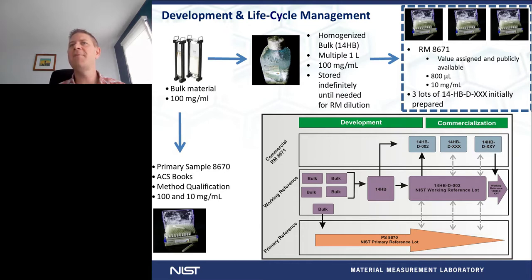That 14HB goes into the top near the commercialization letter. And here's where we have our individual dilution lots that are available to the public. In the middle, below that, you'll see the NIST working reference lot. This is actually the same material. It's our first commercial lot, but we use this internally for all of our analytical development, our routine research, et cetera. So we're doing a continuous monitoring of this sample as time goes on.